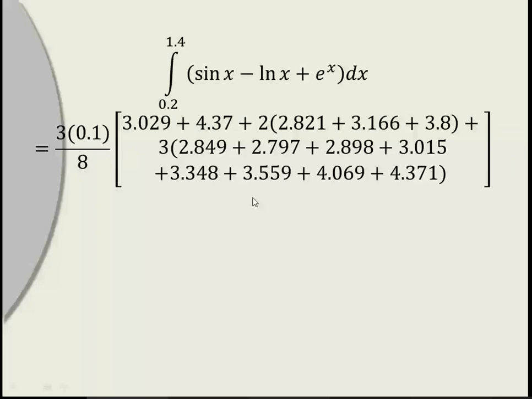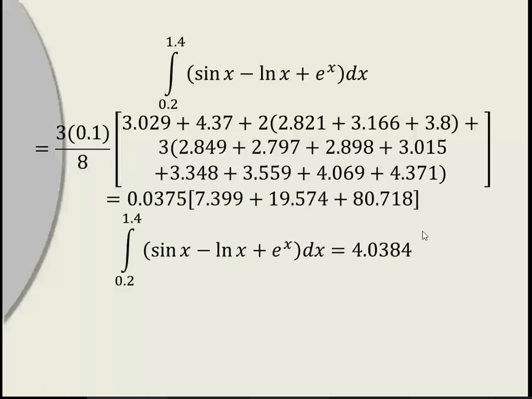And doing this simple calculation, simplifying the terms, we can get the value of the integration. So the value of the integration is 4.0384. So these are the 3 different ways: trapezoidal rule, Simpson's 1/3 rule, and Simpson's 3/8 rule, by which we can easily solve the integration.